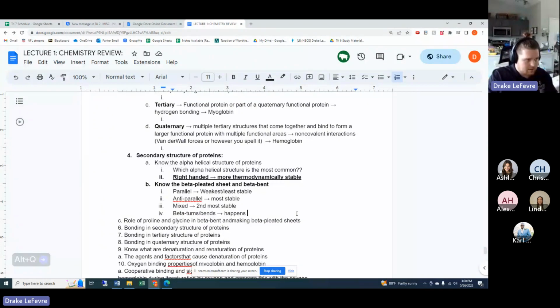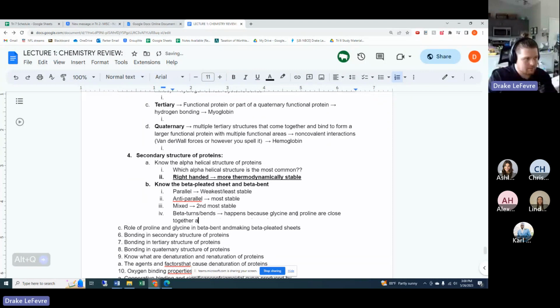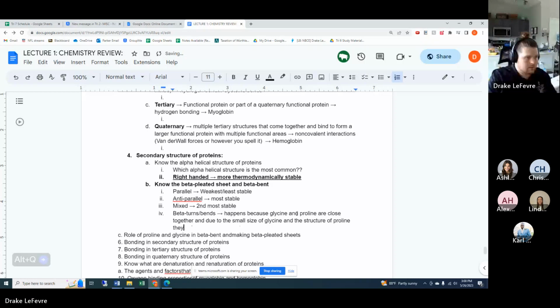Those turns happen because glycine and proline are close together. Due to the small size of glycine and the structure of proline, they like to interact and cause a beta turn.